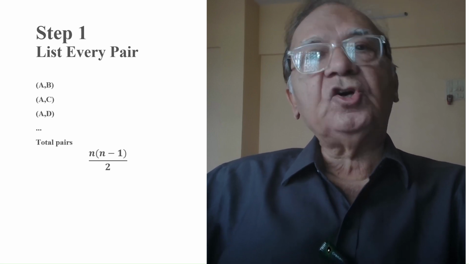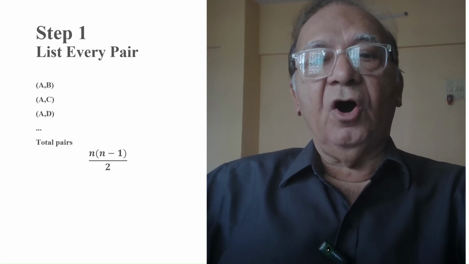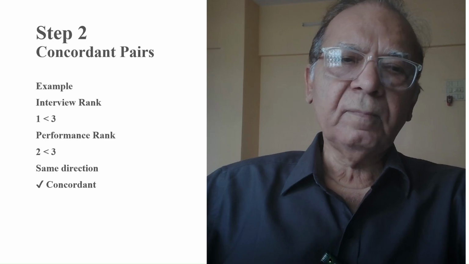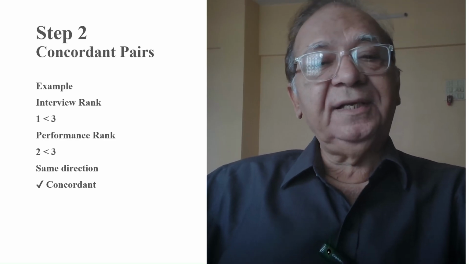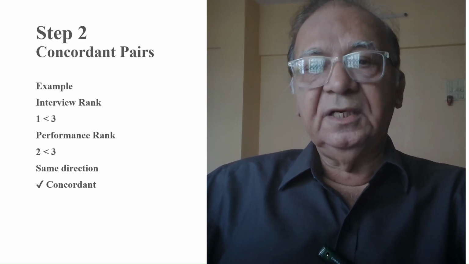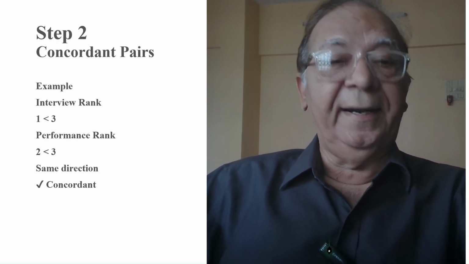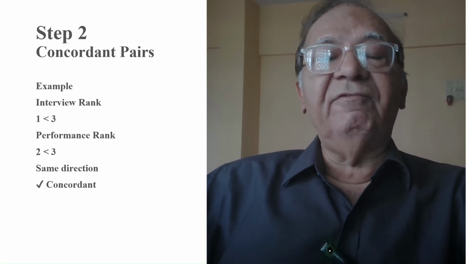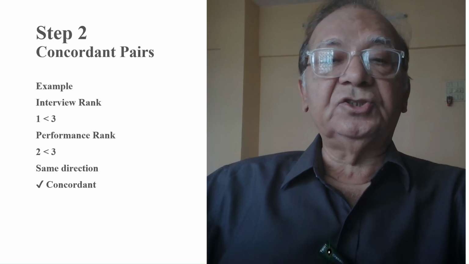A pair is called concordant when the ordering of the two variables is the same. If one observation ranks higher than the other in both variables, the pair is concordant. These pairs increase the value of Kendall's Tau.